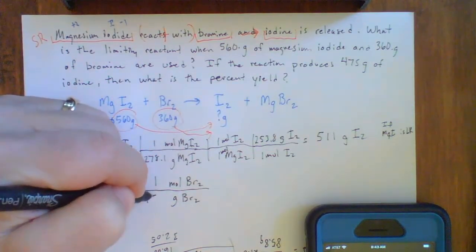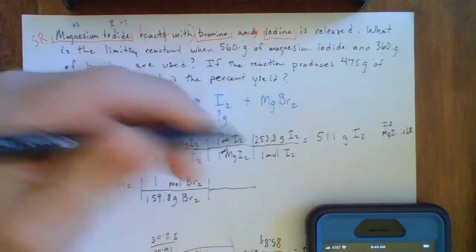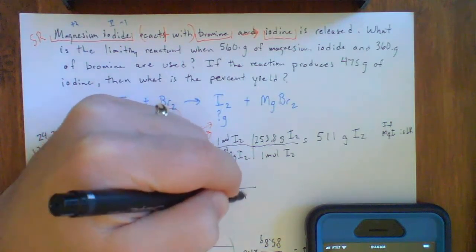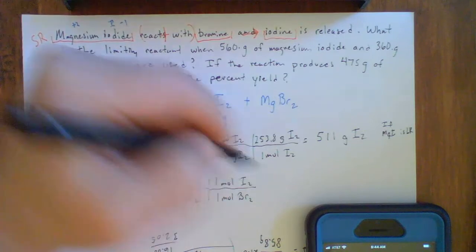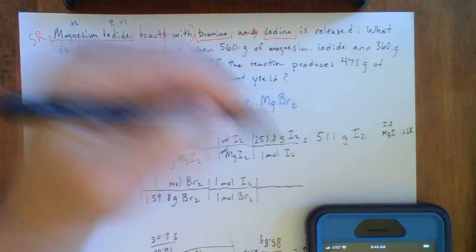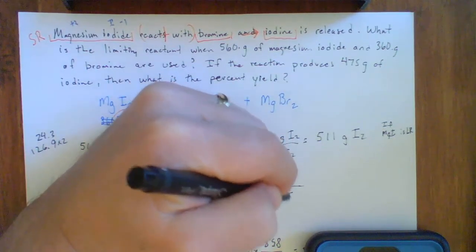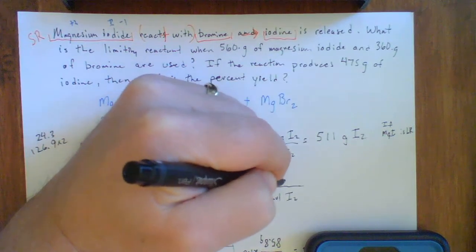So that's 159.8. Mole to mole ratio is easy. It's a 1-to-1. So 1 mole of Br2 to 1 mole of I2. And then our last step is just to convert back into our iodine mass, 253.8.